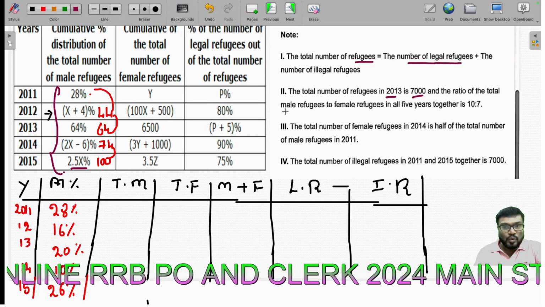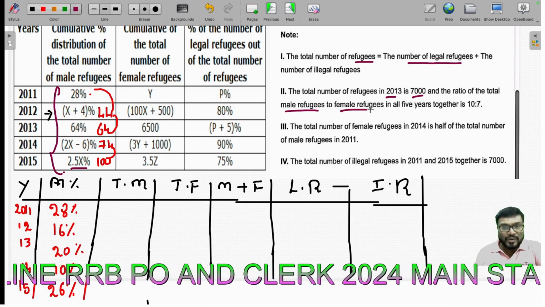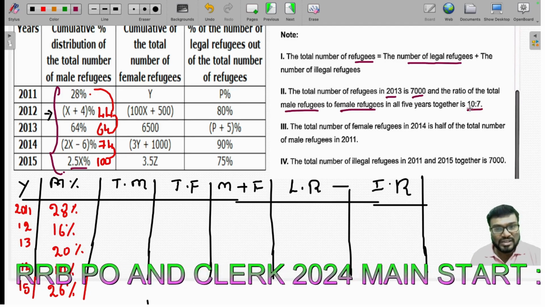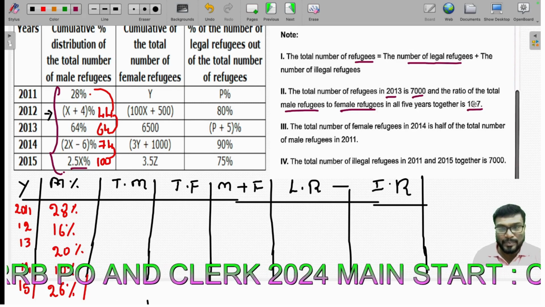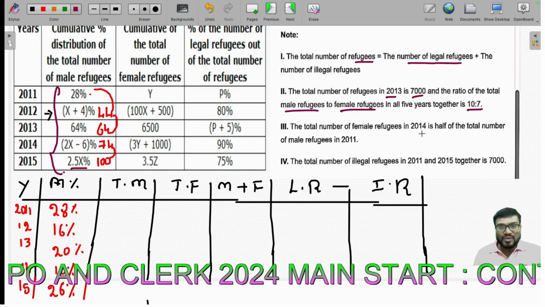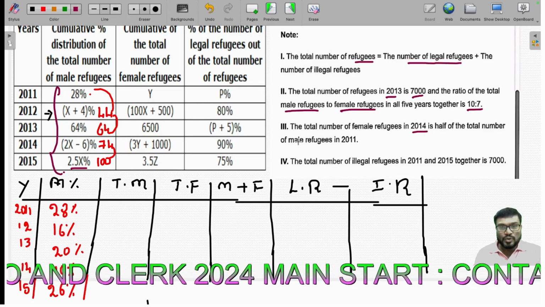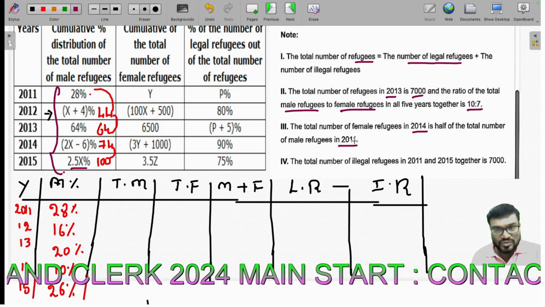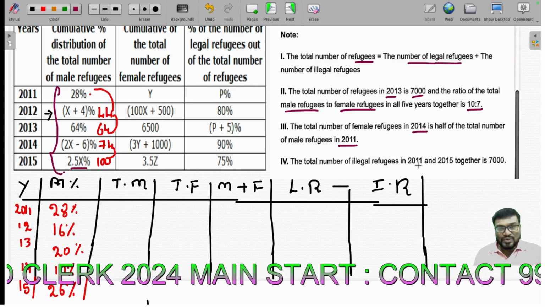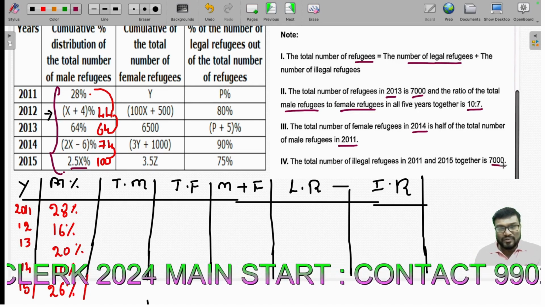The ratio of total male refugees to female refugees will be 10:7. Fine. The total number of female refugees in 2014 is half of the total number of male refugees in 2011. Very important: the total number of illegal refugees in 2011 and 2015 together is 7,000.